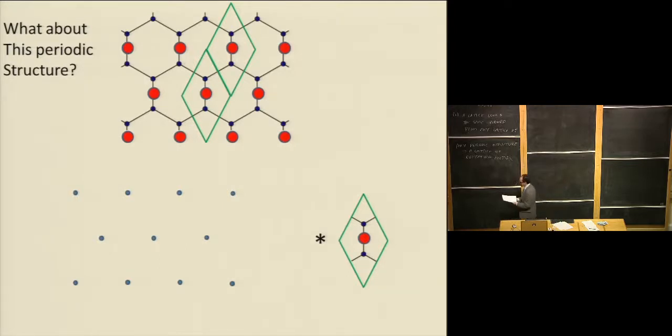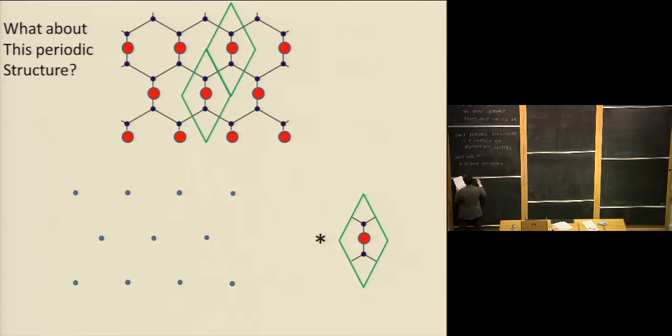So that brings us to another very useful definition, which is a unit cell. A unit cell is a region of space. It's the repeating motif. It's the region of space which, when repeated and stacked together, reconstructs the full periodic structure.